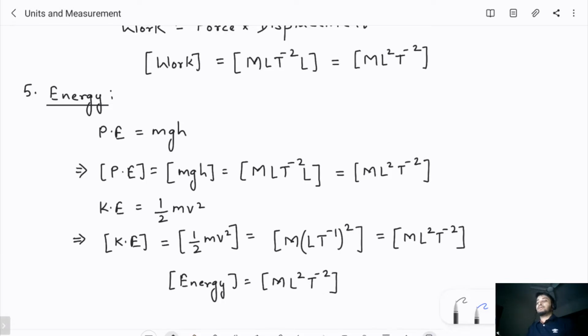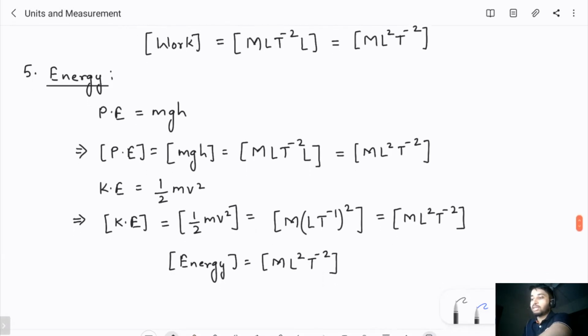Okay. The dimensional formula for energy and work are same. The dimensional formula for energy is same as dimensional formula for work. You can see the unit is also same, and that is M L square T minus 2.